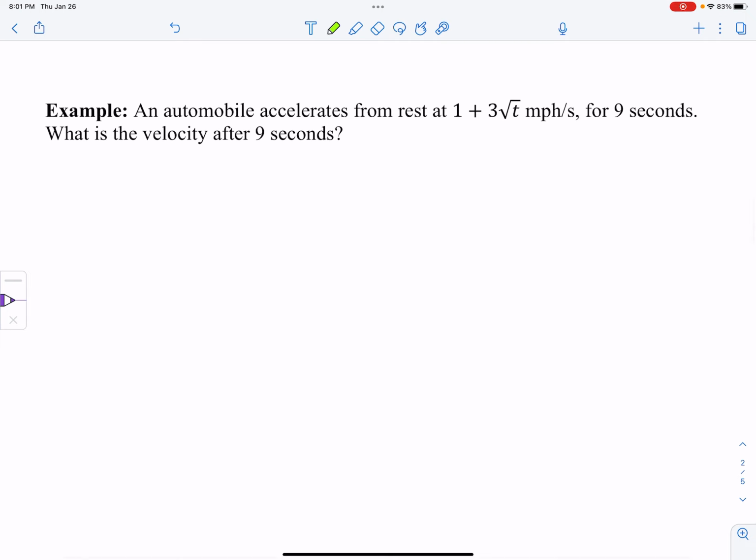Okay, next example. An automobile accelerates from rest at 1 plus 3 root t miles per hour per second. Interesting units. For 9 seconds. And I understand why, because we want to measure our time in seconds here. So the automobile accelerates from rest at 1 plus 3 root t miles per hour per second.